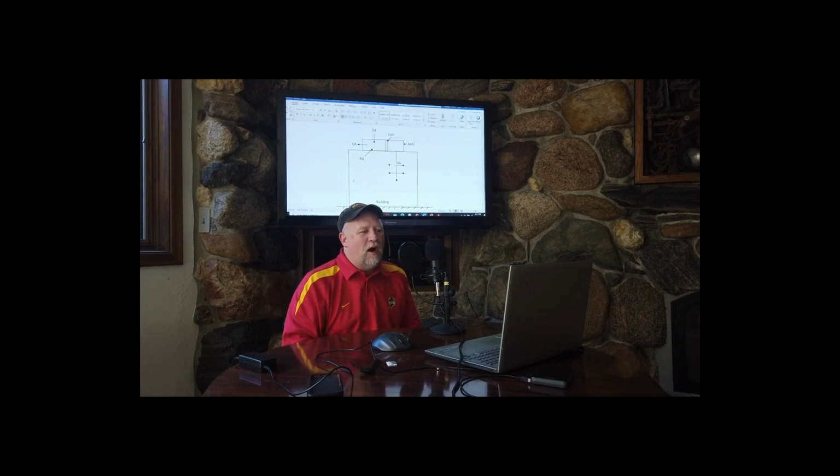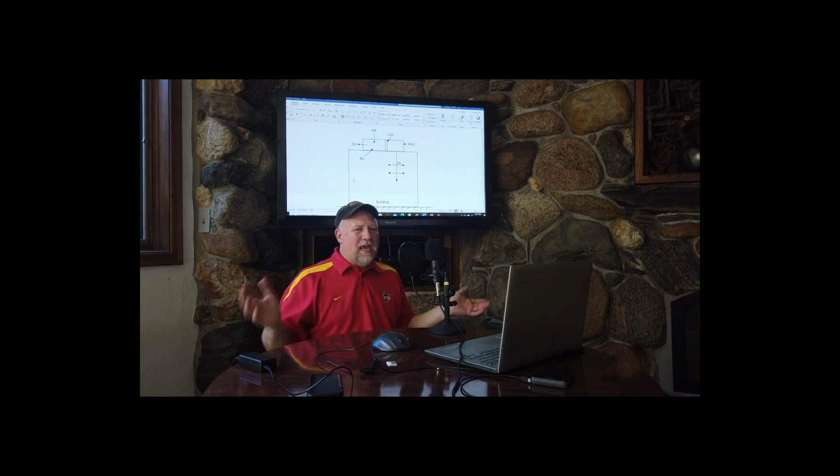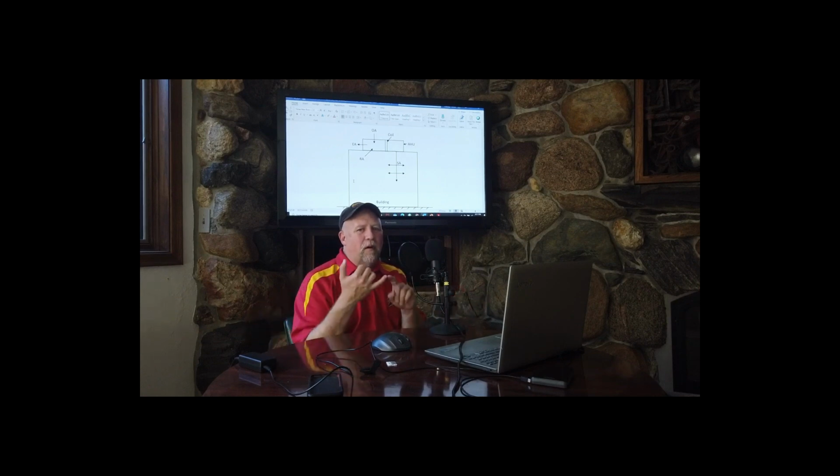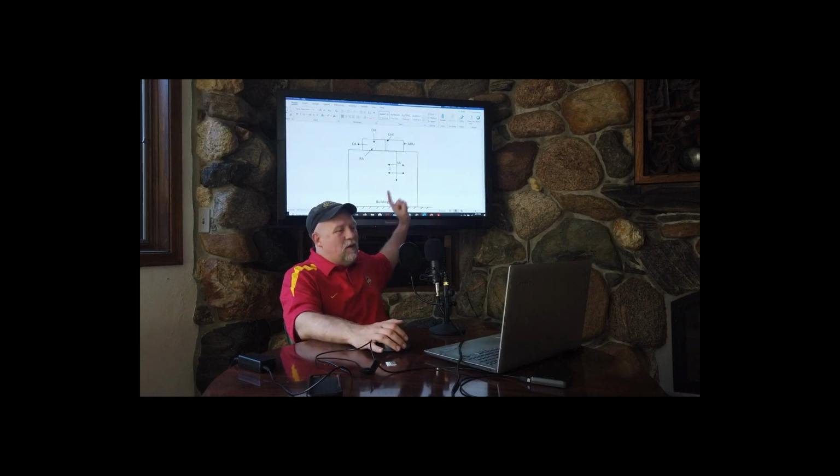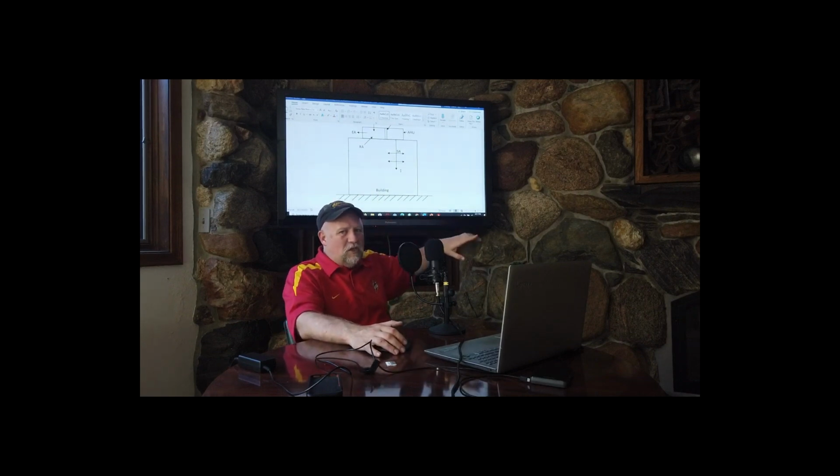If I'm going to offset all the heat gain from heat conduction, the solar part through the windows, heat produced by people and lights and computers, if I'm going to offset all of that heat gain, I have to supply air that is colder. I can use those equations to calculate these values.